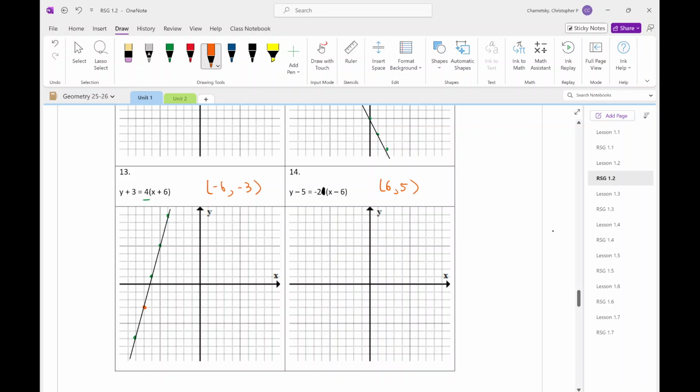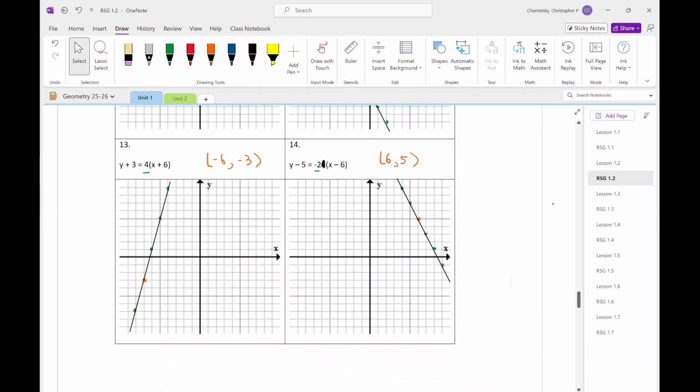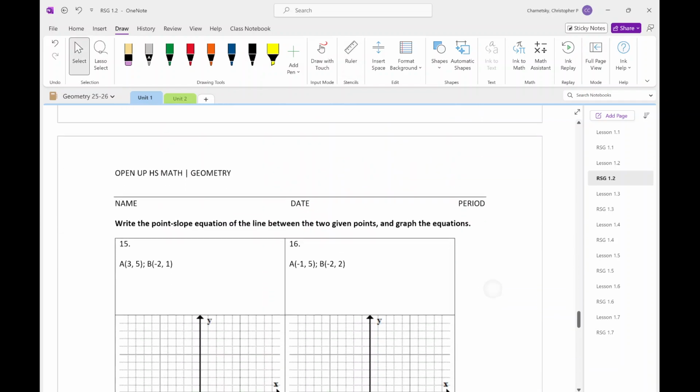So 6, 5, and our slope is -2, so we'll go down 2/1, down 2/1, down 2/1. Go ahead and plot that. There we go. All right.